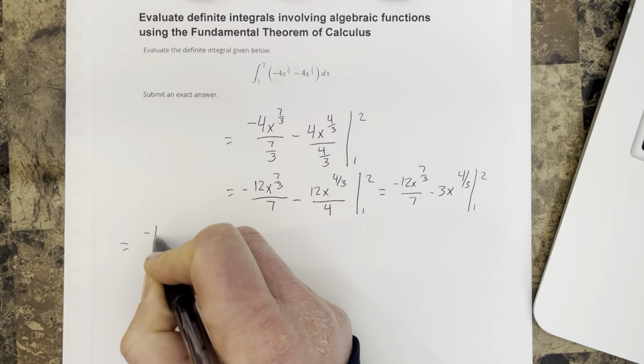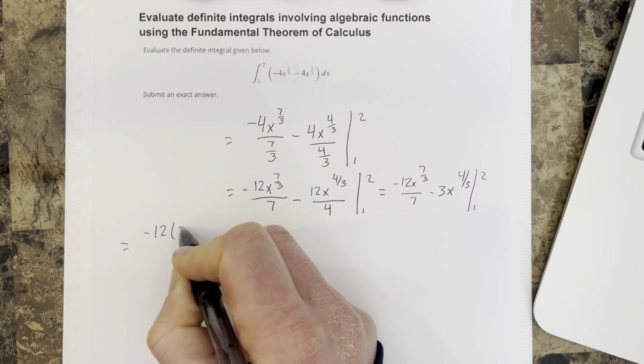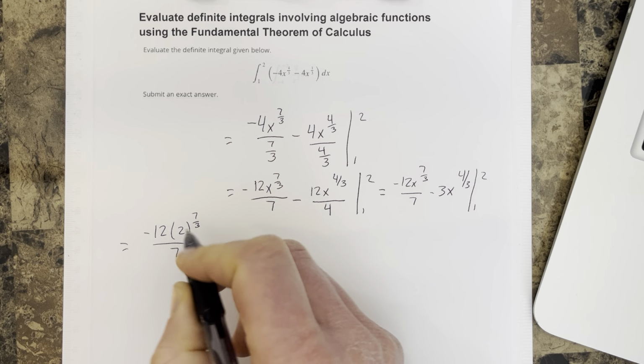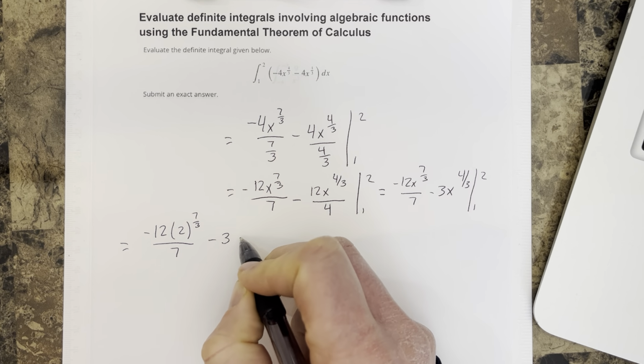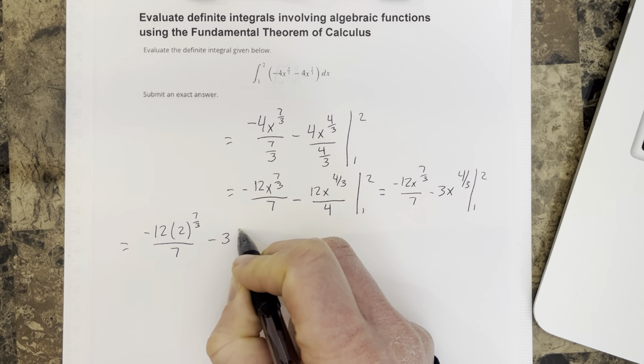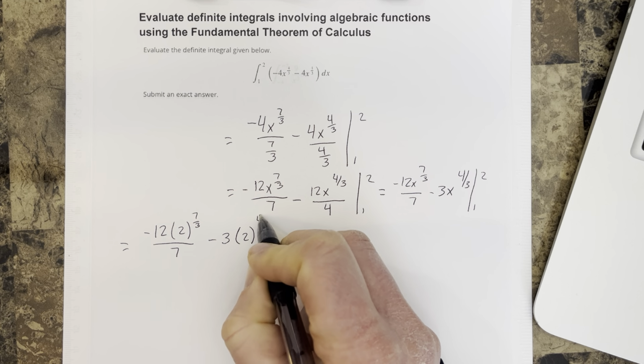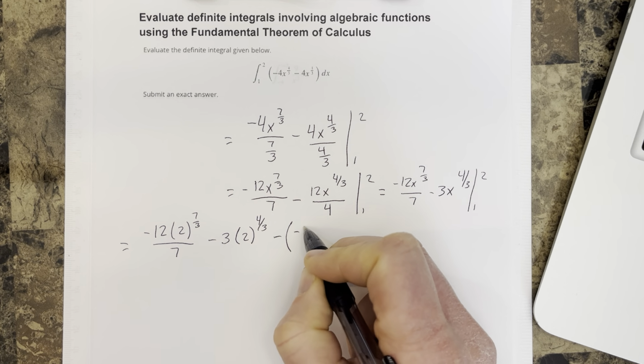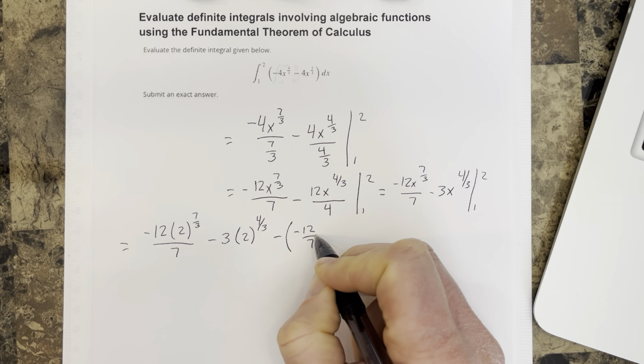We get negative 12, 2 to the 7/3 over 7 minus 3, 2 to the 4/3, minus negative 12 over 7.